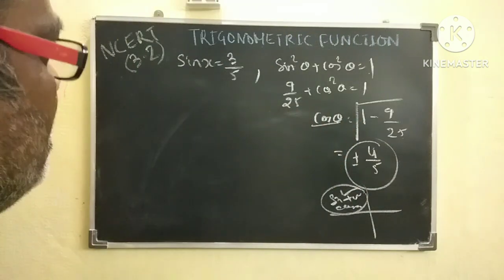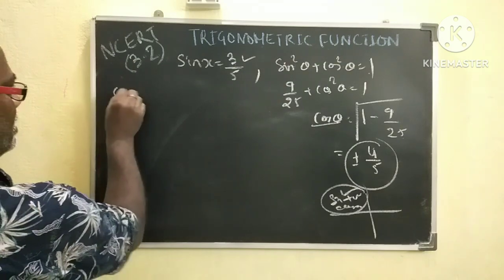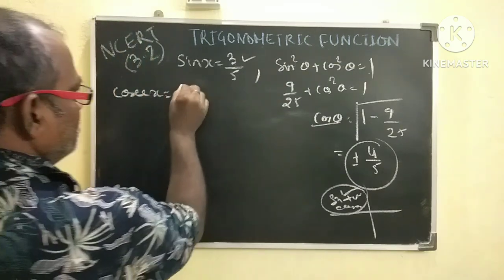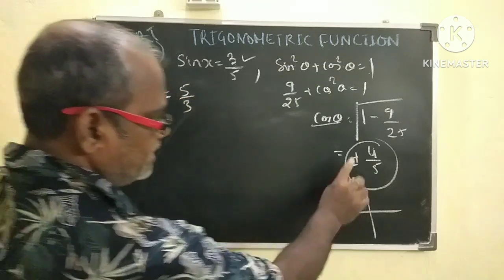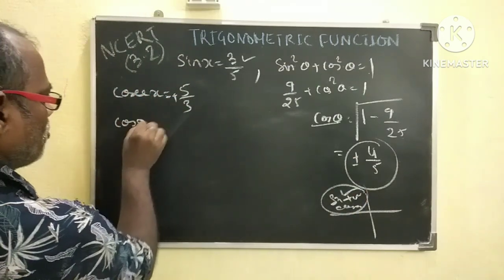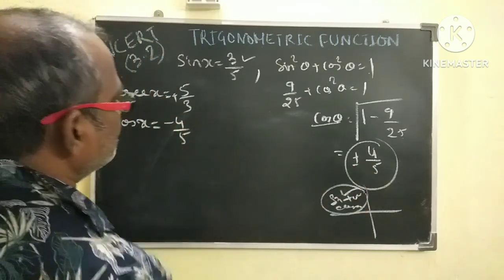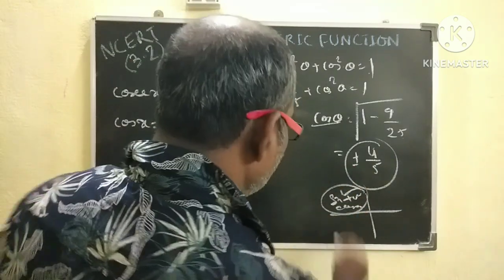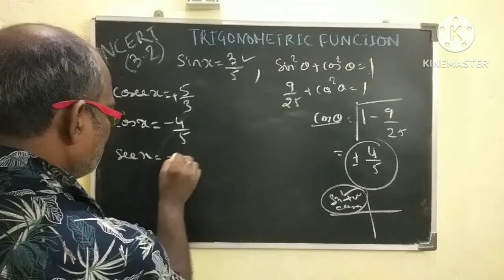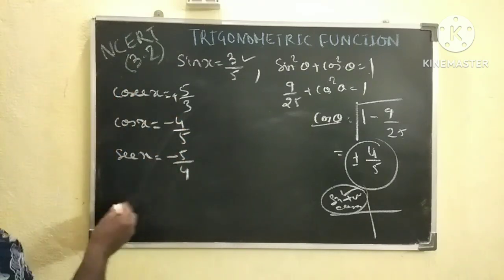Now let us write down: sin is 3 by 5, therefore cosecant x equals 5 by 3. Since it is in the second quadrant, it will be positive. Then cos x equals minus 4 by 5, since cos is negative in the second quadrant. Secant x equals minus 5 by 4, the reciprocal of cos x.